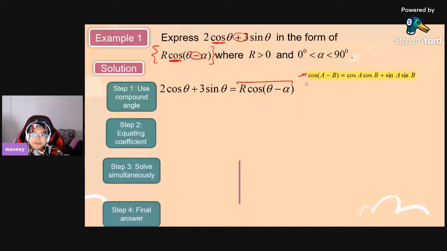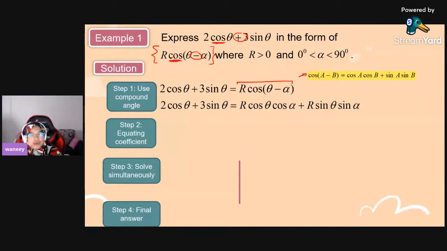Okay, so expanding them, or using the compound angle, you should be able to get 2 cos theta plus 3 sin theta equal to r cos theta cos alpha plus r sin theta sin alpha. And then you need to use equating coefficients. Okay, so check the coefficient on the left hand side.